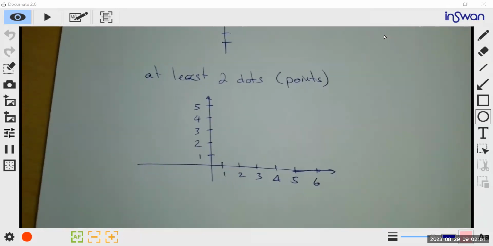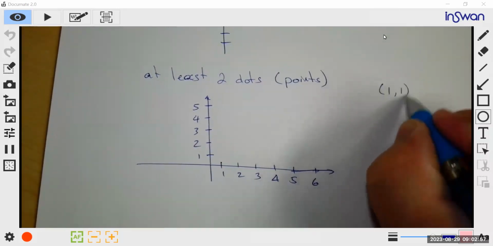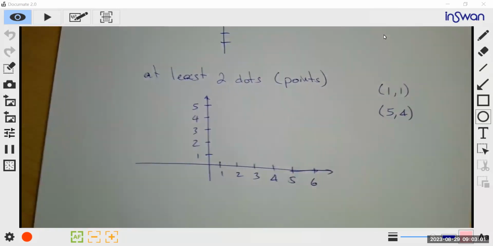And for the first part of this course, I'm going to use the same 2 points. So plot the points 1, 1 and 5, 4. Plot those 2 points. We're going to be using these for the first part of this chapter.